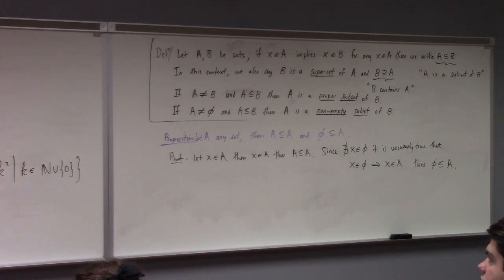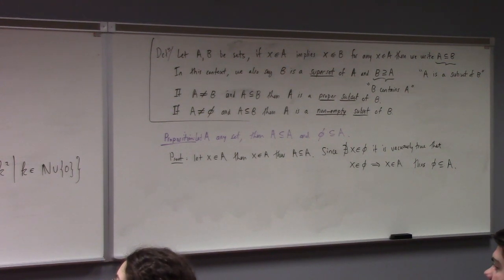Conversely, if A is a subset of B and B is a subset of A, note if X is an element of A, then since A is a subset of B, we find X is an element of B by the definition of subset, right?